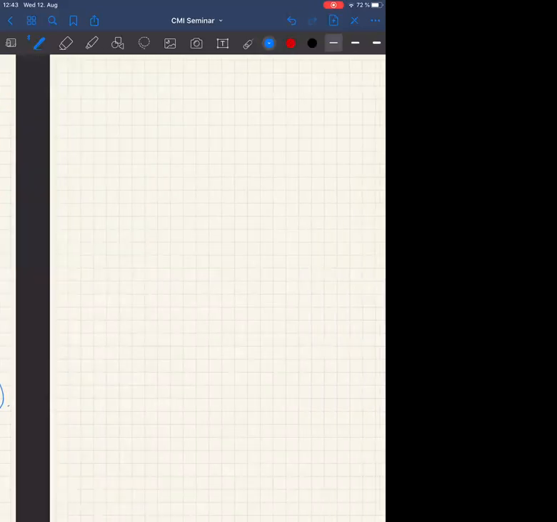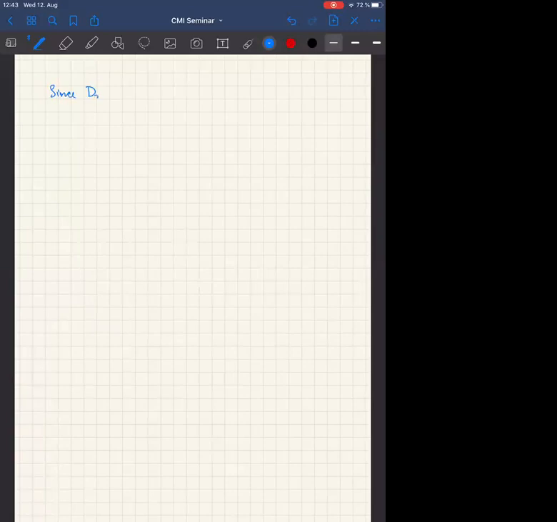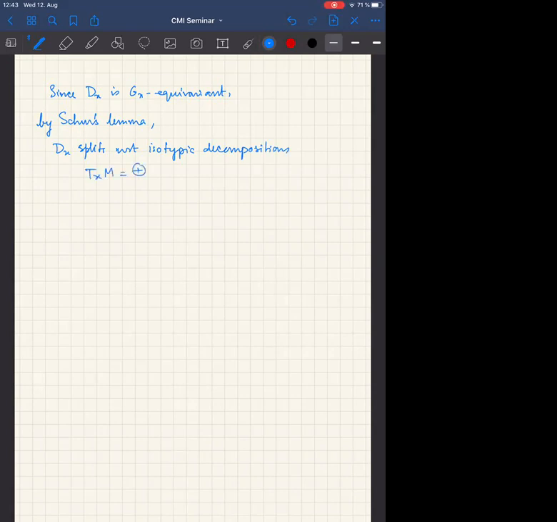Then we have that the linearized operator is in fact Gx equivariant, and by application of Schur's lemma, dx splits with respect to the isotypic decompositions of rho and ex of tau, like this.